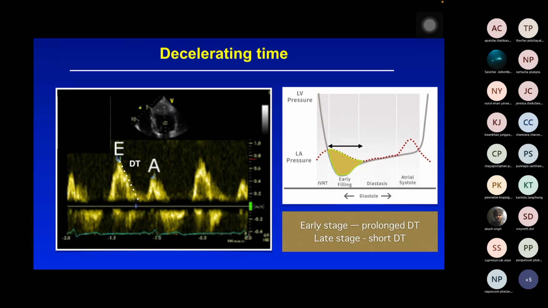So the LA pressure filling back to the LV takes a very short time. That's why in the late stage of diastolic dysfunction, the decelerating time is very short. This is why you have to measure the DT, or decelerating time, as one parameter to determine the stage of diastolic dysfunction.